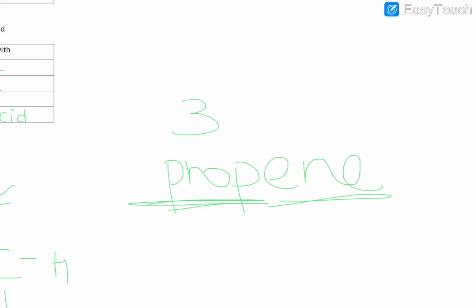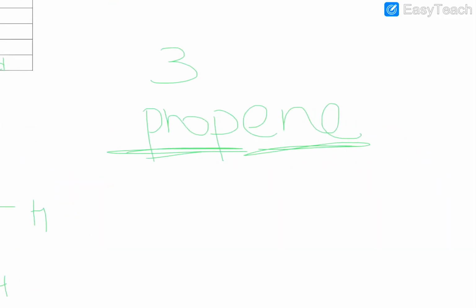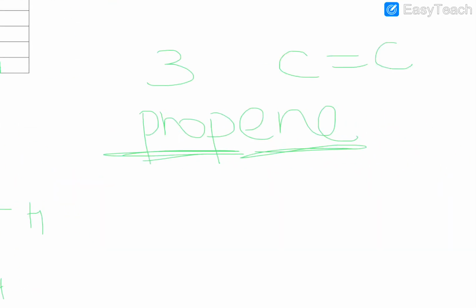Let's say I have propene now. Propene, prop, means there are 3 carbons. Ene means that it is an alkene and there's going to be a double bond between carbons. So then I can draw that. So propene, 3 carbons, 1, 2, 3. There has to be a double bond. Carbon will form 4 bonds. 1, 2, 3, and 4.